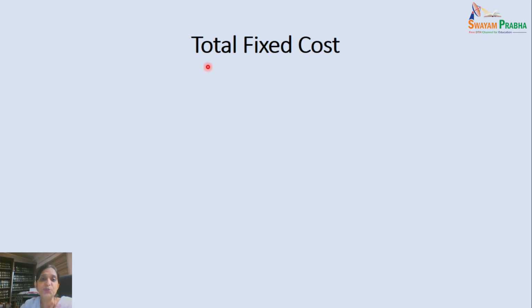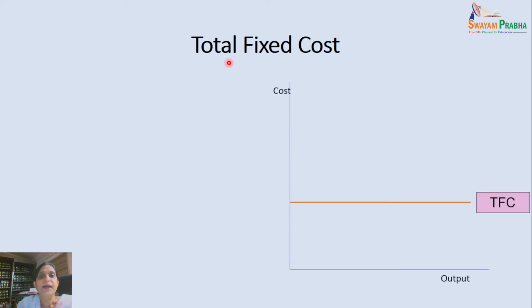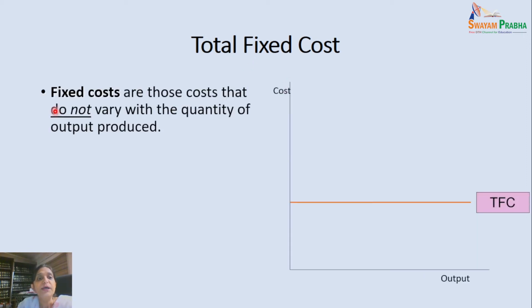Now let us go further into all these costs. First, we will be talking about total fixed cost. As I just told you, these are those costs that do not vary with the quantity of output produced. If you concentrate on this graph which we have made, we are measuring cost on one axis and output on the other axis. On the horizontal axis, we are measuring output. On the vertical axis, we are measuring cost.